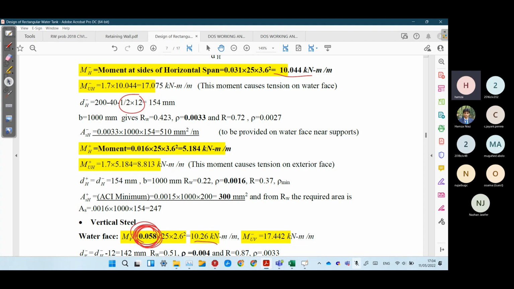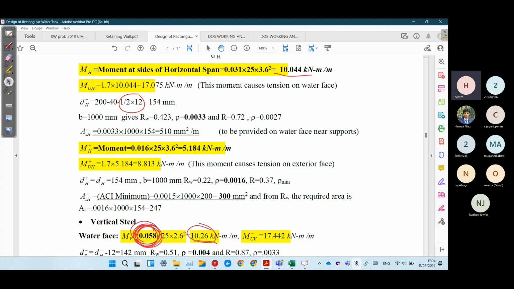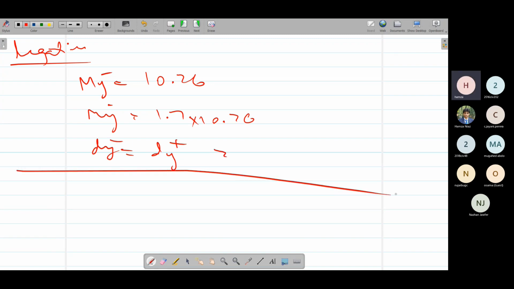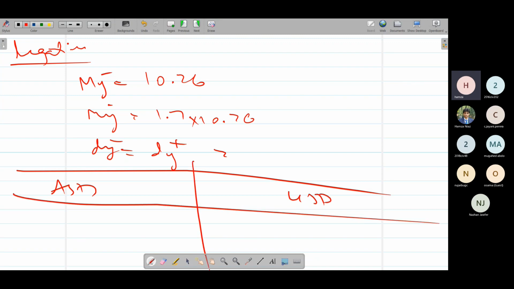So the larger one we can take from these two negative moments. The larger one is 10.26. So Muy negative is 1.7 into 10.26. dy is equal to dy positive, that is the same. Again apply both ASD and USD methods and calculate the steel.